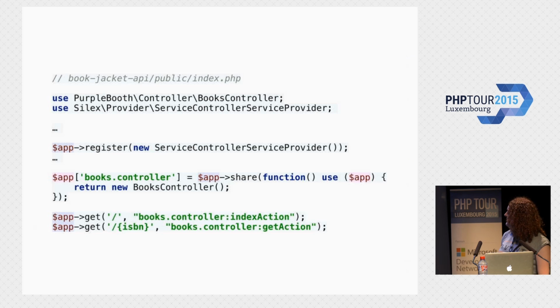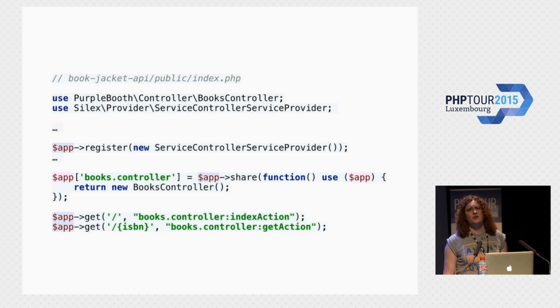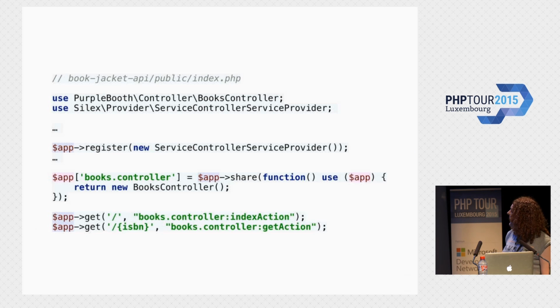The reason I mention this is to highlight that Silex is built on top of a dependency injection container called Pimple, and with Silex, pretty much everything that you can do with it can be registered as a service. So here I'm registering the books controller as a service after saying that I want to allow services to be loaded in my application by using this middleware layer.